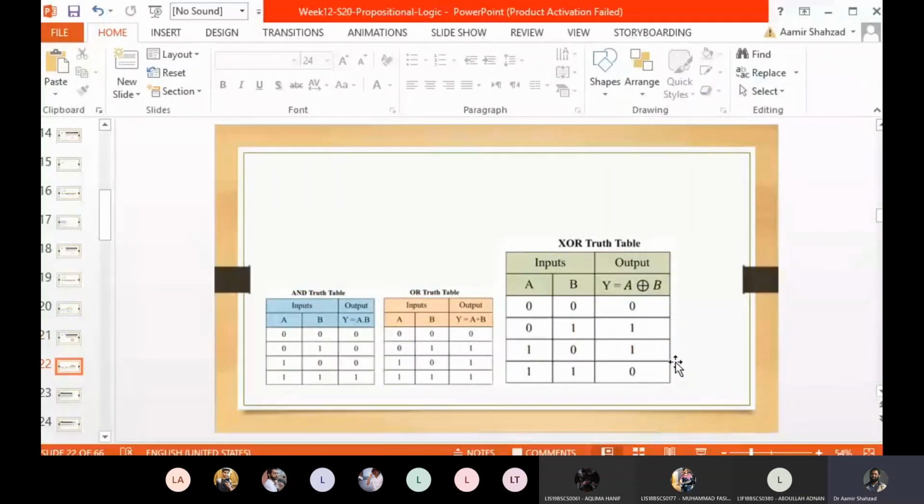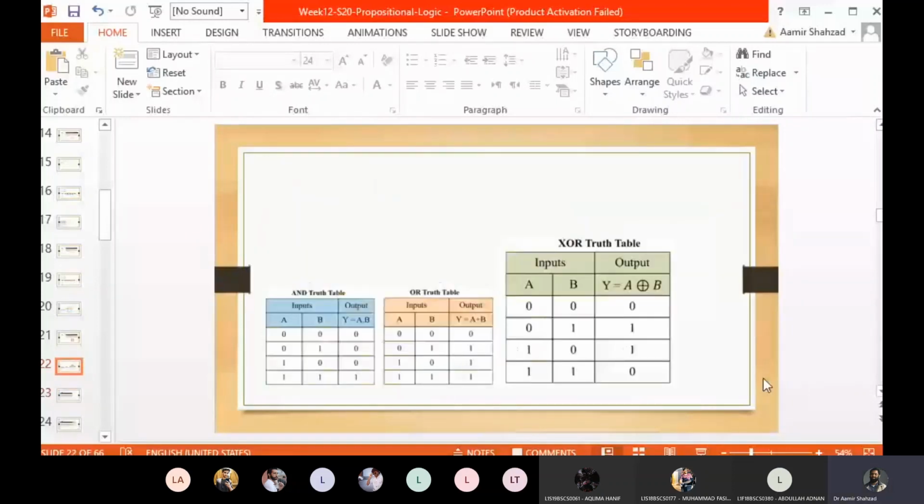Binary addition actually uses exclusive OR. 0 plus 0 is 0, 0 plus 1 is 1, 1 plus 1 is 0, so binary addition without carry. We use exclusive OR too much in computer science when we are playing with binary numbers, their operations, addition, multiplication, etc.